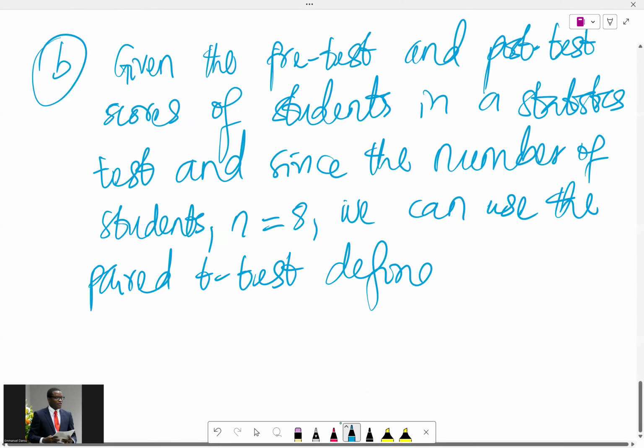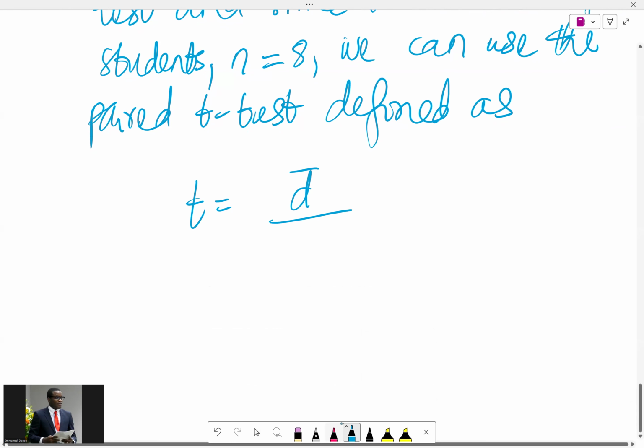The test statistic is defined as T equals D bar over SD divided by square root of N. And what are these parts now?